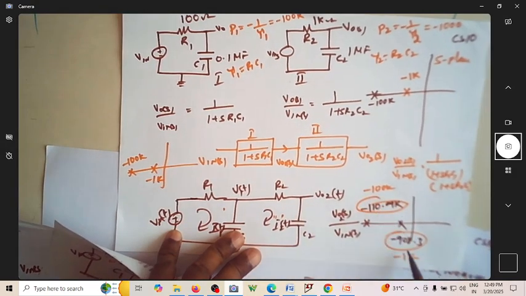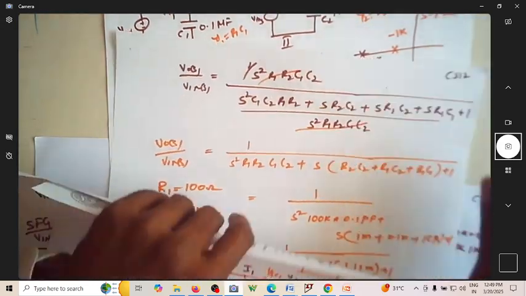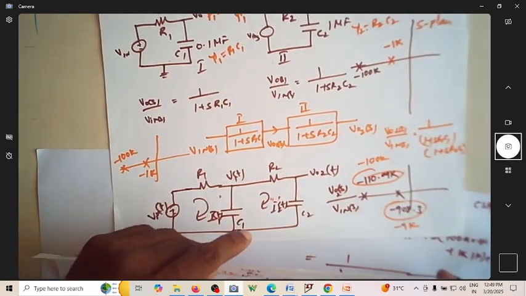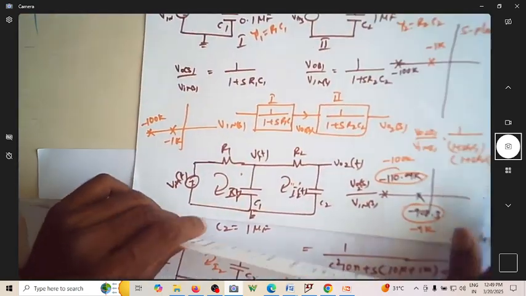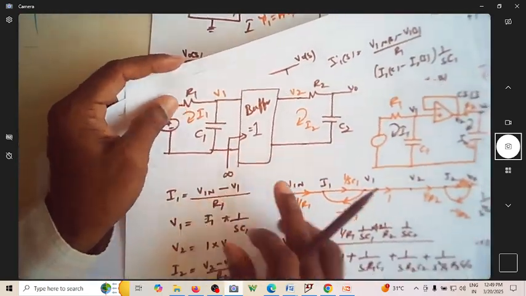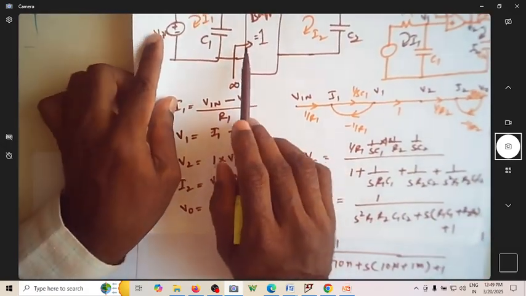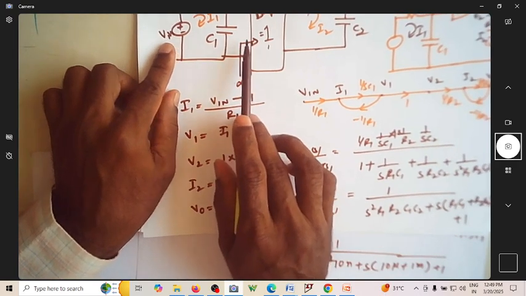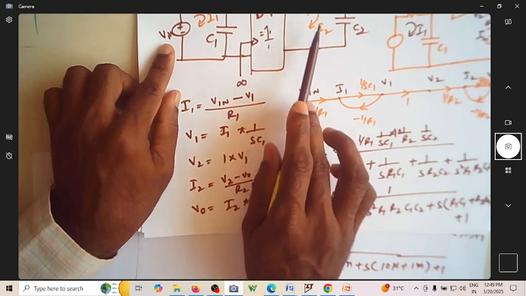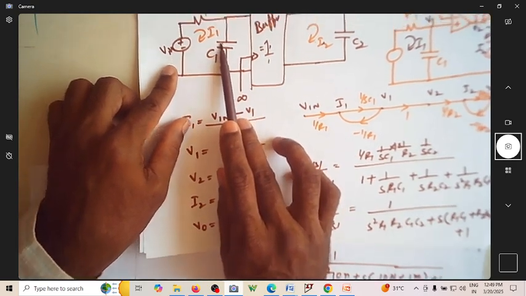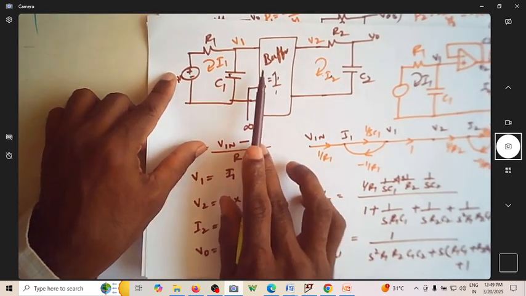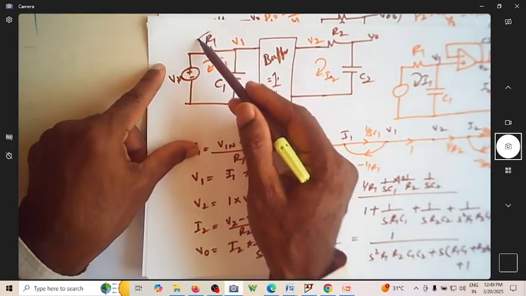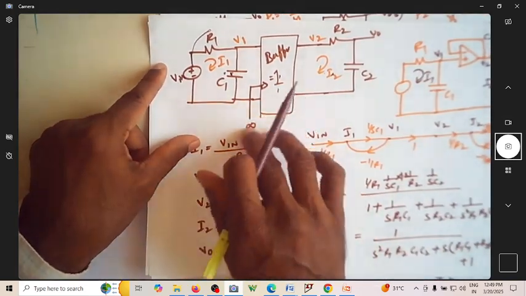So this was the intended one, but when you connect it like this as it is, the poles were there at this point. But the moment you put a buffer, we know that the input impedance of this buffer is infinite, so this circuit is not loading this. So what is the result of this not loading?